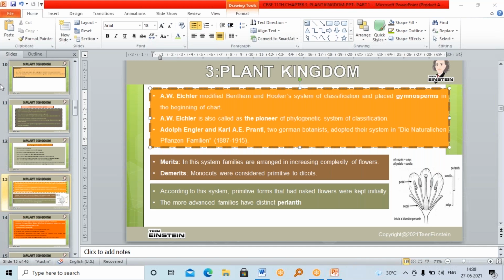We can't consider, because in both monocots and dicots, we have members with advanced characters and primitive characters.